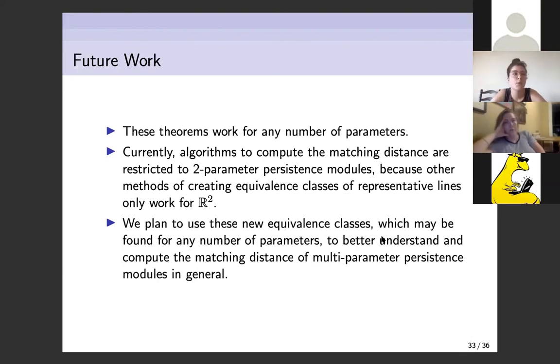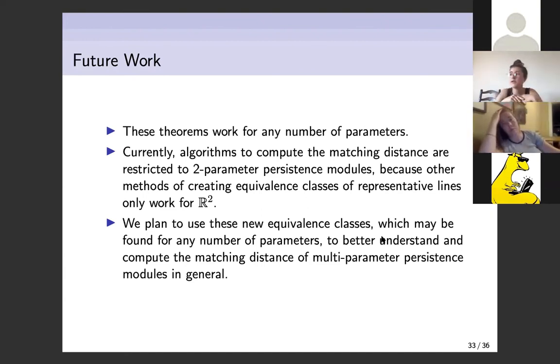Okay, so we have some objectives to continue this project. One of the things I would like to highlight is that this framework is valid for any number of parameters. So we do not have to restrict to 2 parameters, and we will use everything that we've built here to compute the matching distance, which is a distance between 2 persistence modules.